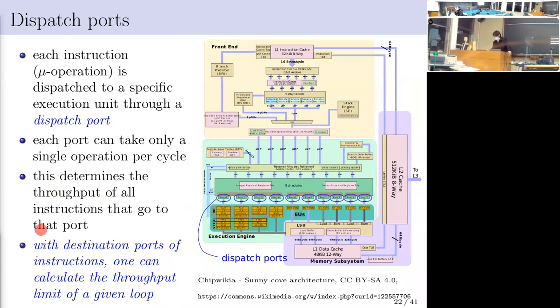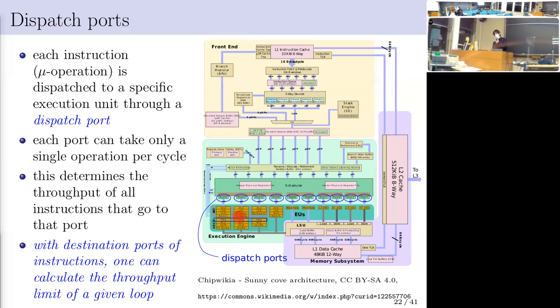Theoretically, with the destination ports of all instructions known, and given all the instructions you want to perform within an iteration of a loop, you can calculate the minimum number of cycles one iteration has to take, right? For example, if you have 10 instructions that need to go to this specific port, then the minimum number of cycles a single iteration takes is 10, right?